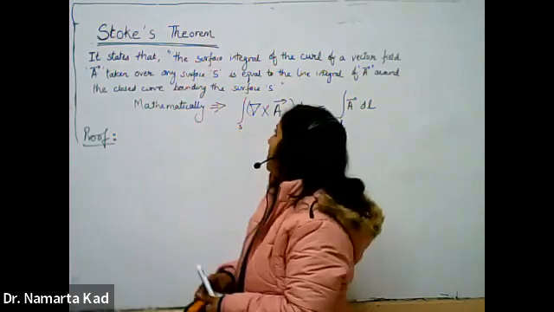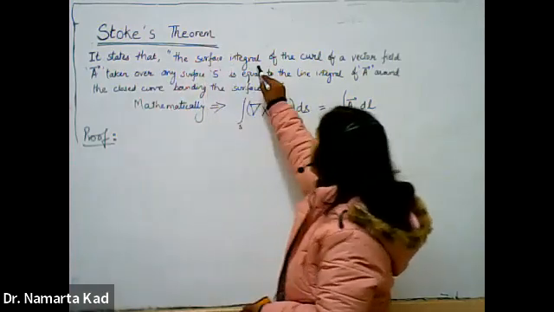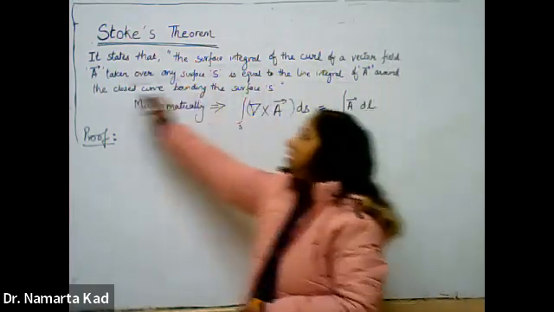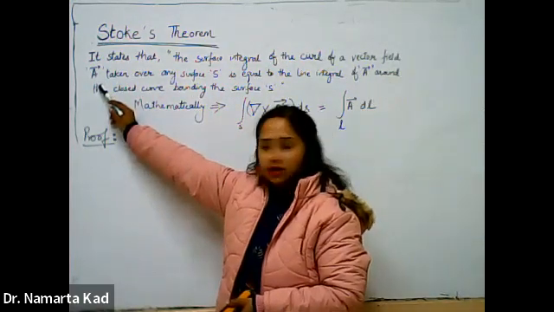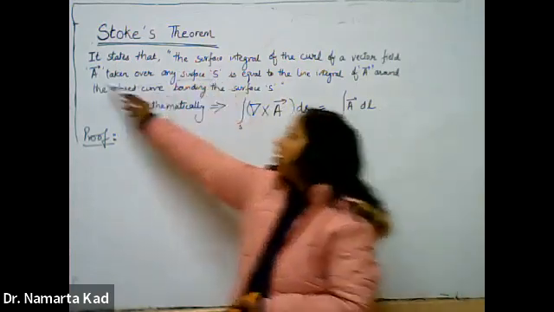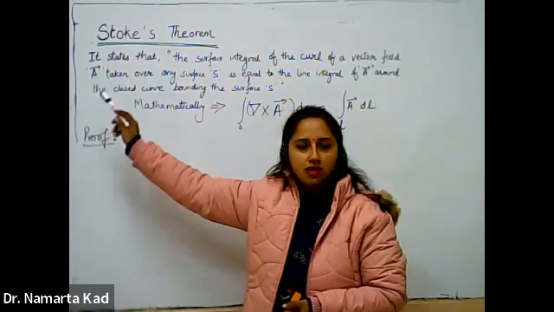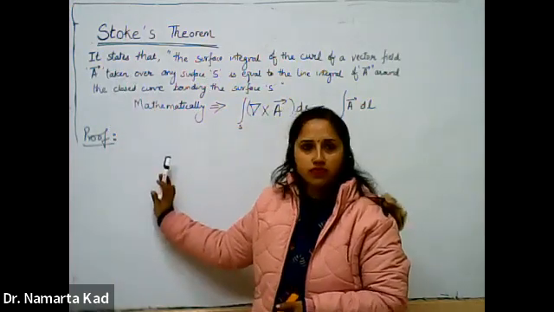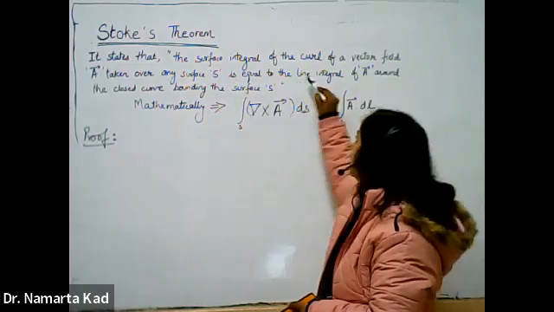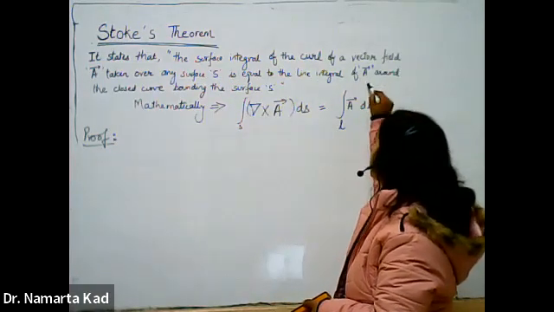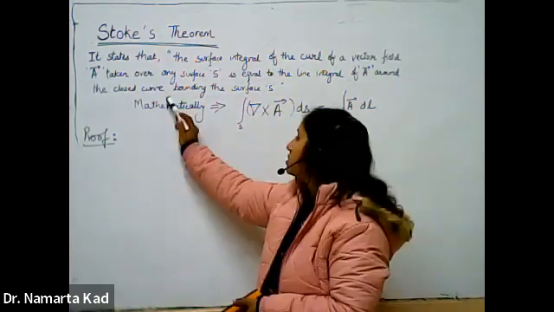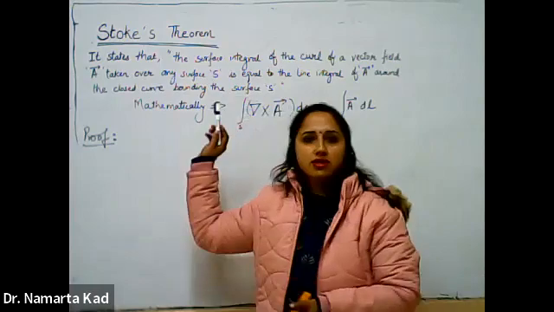It states that the surface integral of the curl of a vector field A, taken over any surface S, is equal to the line integral of the same A vector around the closed curve bounding the surface S. These S and A vector are just the symbols that we are going to use in this proof.